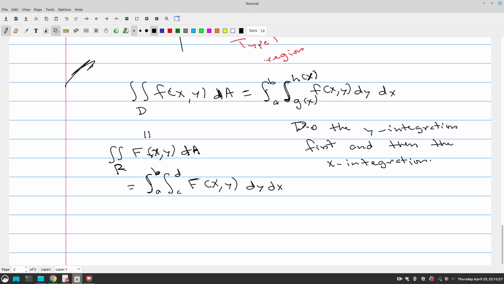Actually, let's write it as dx dy first, and then we'll change the order of integration.